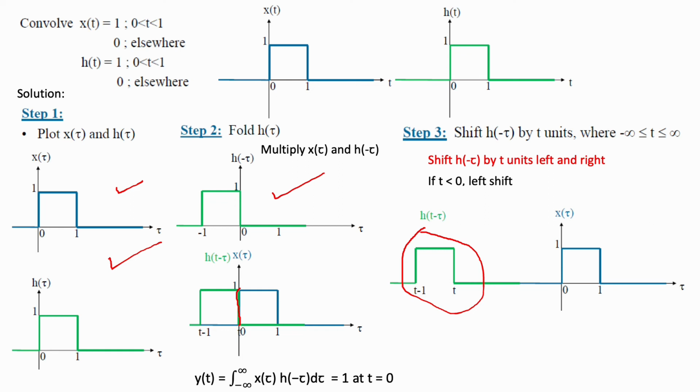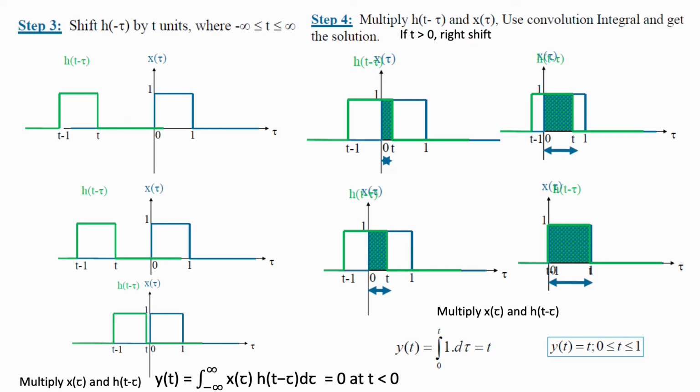The next slide is shift h of minus tau by t units. Okay, h of t minus tau is moving towards right, but the t will be placed at the negative left side, at the negative axis.